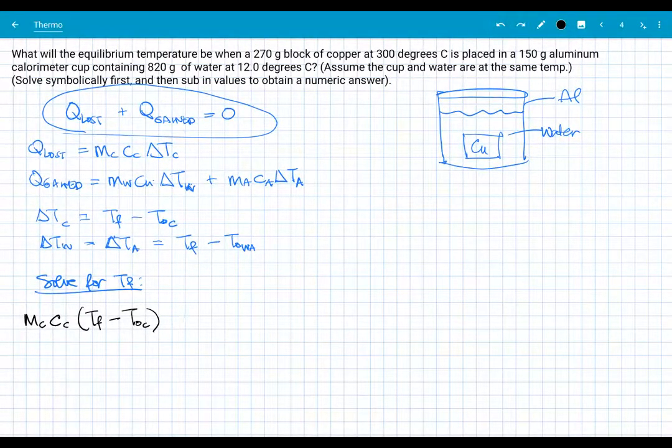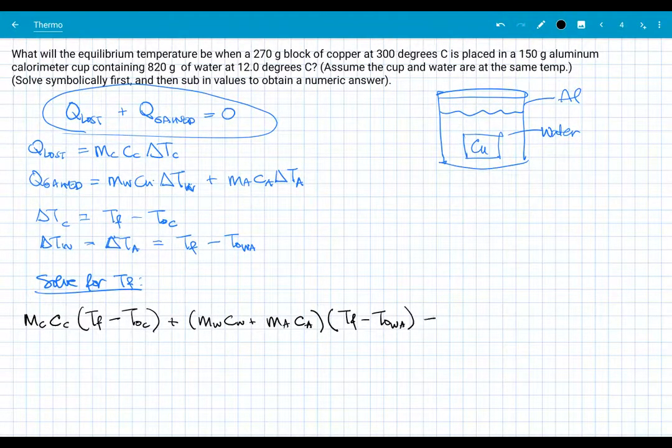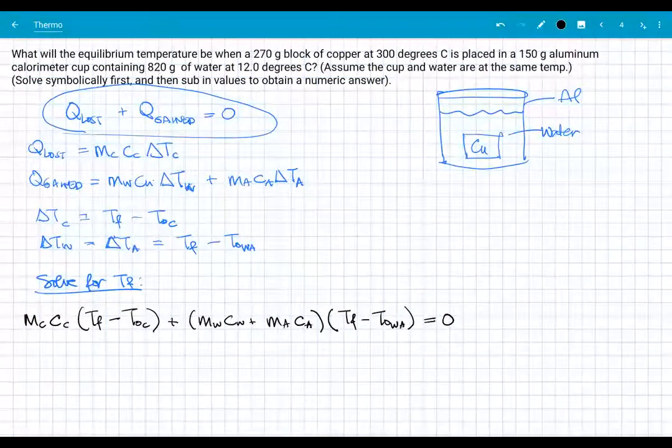Actually, I think I'll sum those here. And now I'm looking at the water and aluminum. T final minus T initial, water and aluminum, equal to 0. Okay, and now I need to solve for T final.